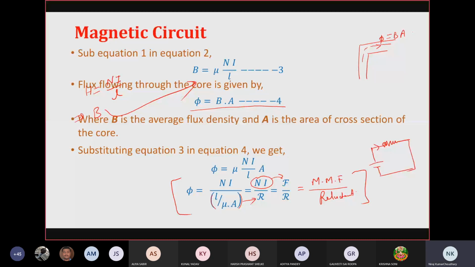This voltage or EMF source drives the current flowing through the electrical circuit. Similarly, in a magnetic circuit, MMF is required for the flow of flux through the magnetic circuit, right?